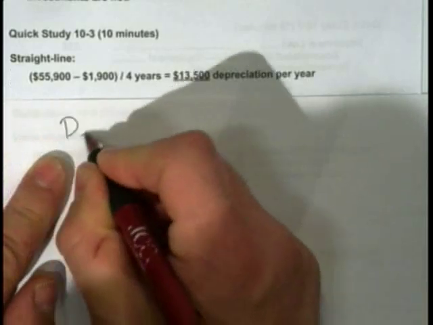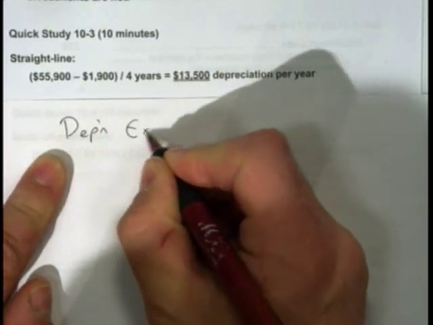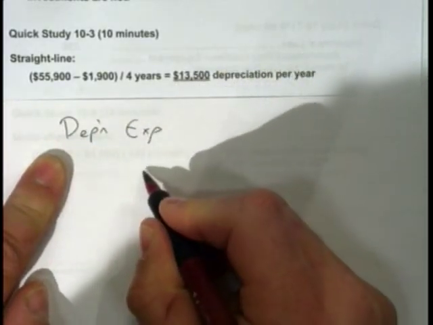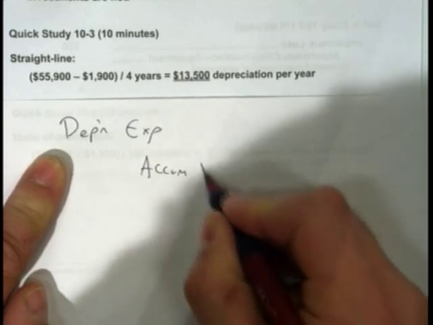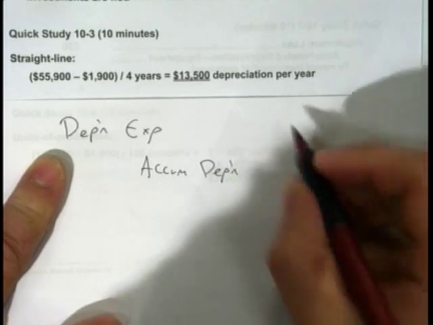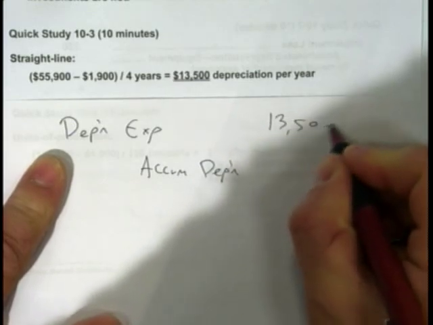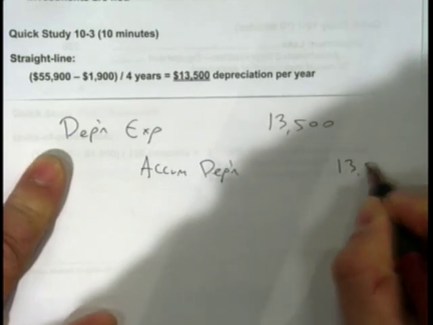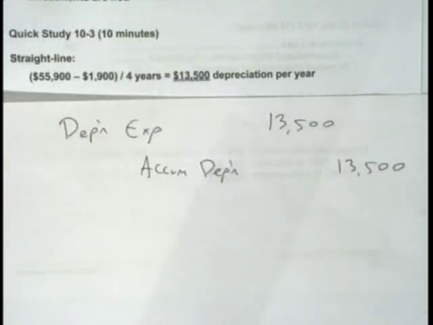Correct? And of course, they didn't ask us to do the entry, but if we would, that would be depreciation expense debited and accumulated depreciation credited, in this case for $13,500. Right? Make sense? Okay. That's pretty easy, isn't it?